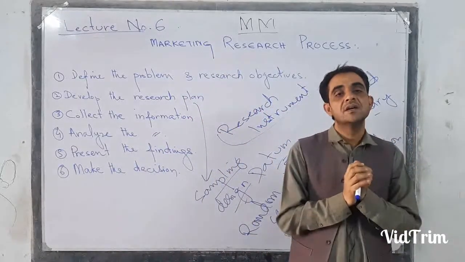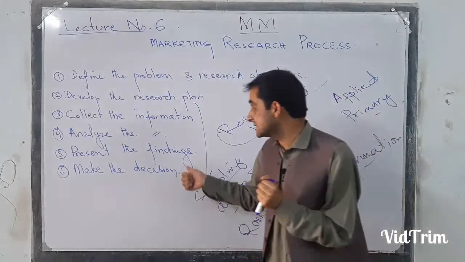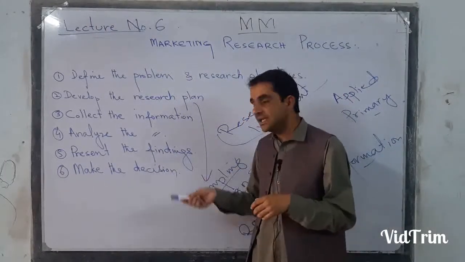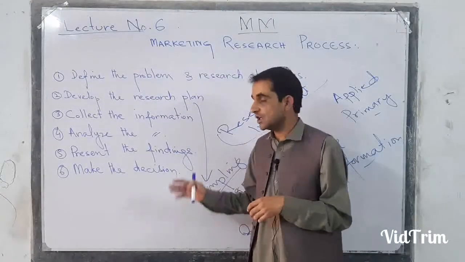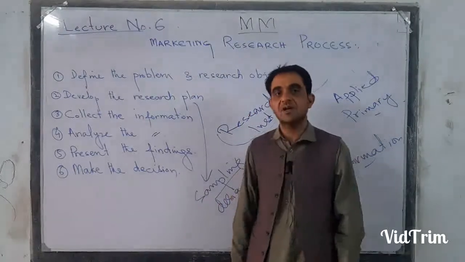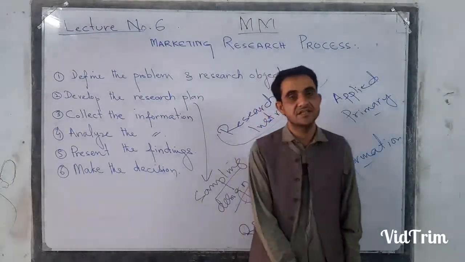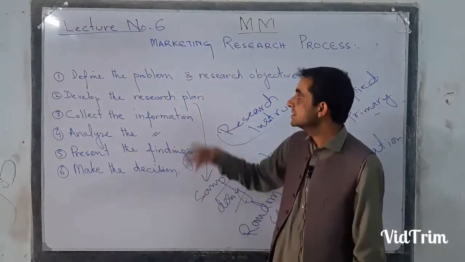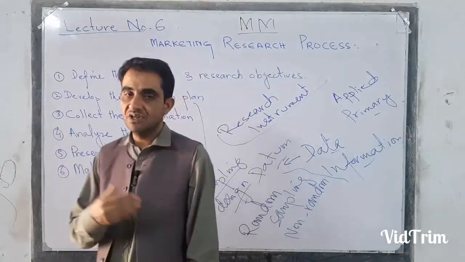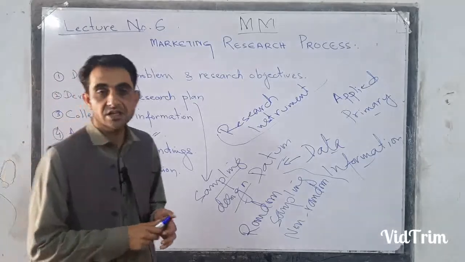We are making a report of these things. This stage is called present the findings. Then based on these findings, we forward the report to the concerned department, such as the marketing department, and they take decisions based on the research. So this is called the marketing research process, which we will also explain further in coming lectures.